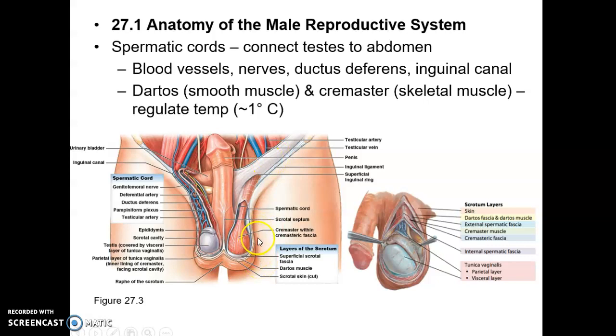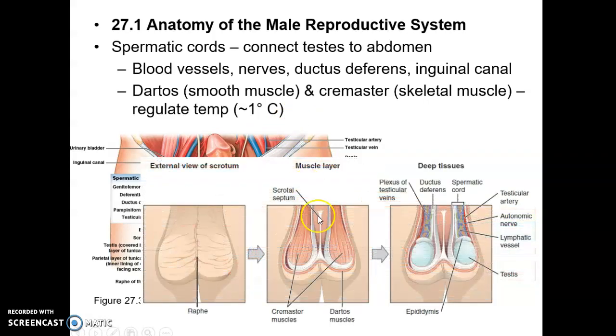Contrasting that with the female gamete, the ovaries are retained within the female's pelvic area because the ovaries and the follicles with their eggs or oocytes develop fine at the normal body temperature. This shows basically where the cremaster and the dartos muscles are within the scrotum.